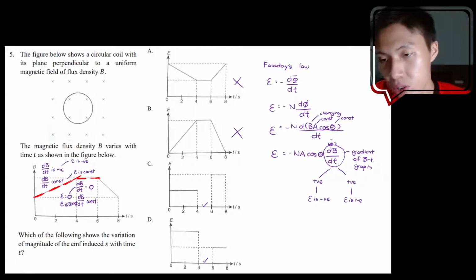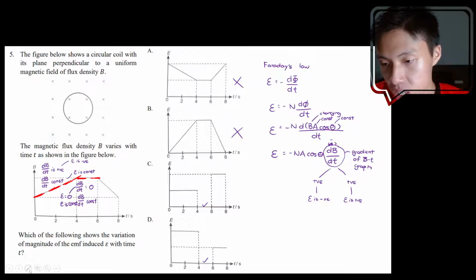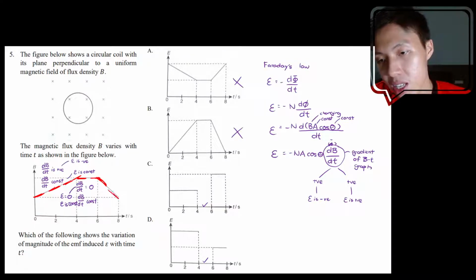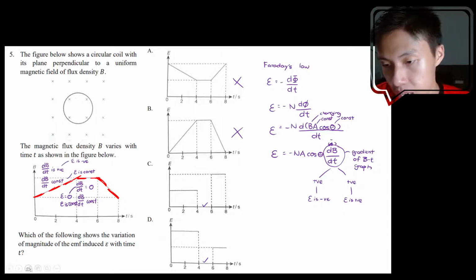Okay, next we continue with the third section. The third section consists of a constant gradient as well, but this time it is a negative gradient. A negative constant gradient. So dB/dt over here is negative, and dB/dt here is constant.